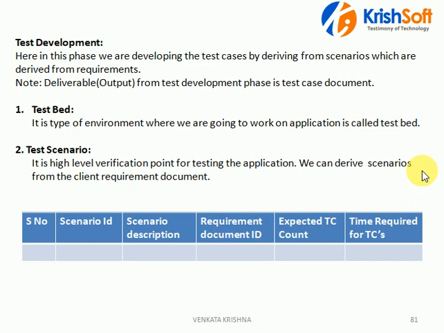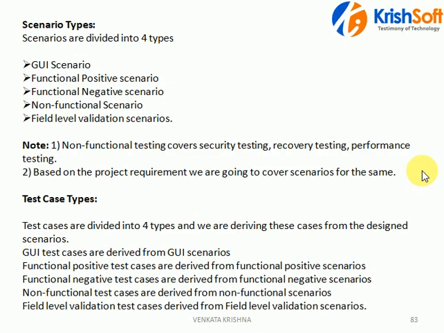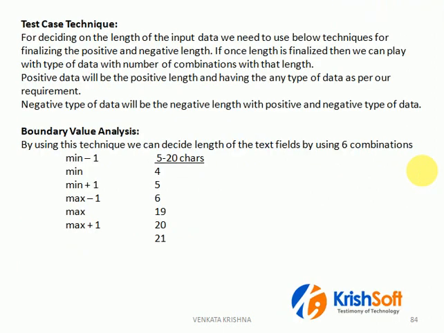That is a scenario. For each scenario, you write low-level flows. That is a test case. And for preparing the test cases, you need to use some techniques like boundary value analysis and equivalence class partitioning. Any one of these techniques you can use.